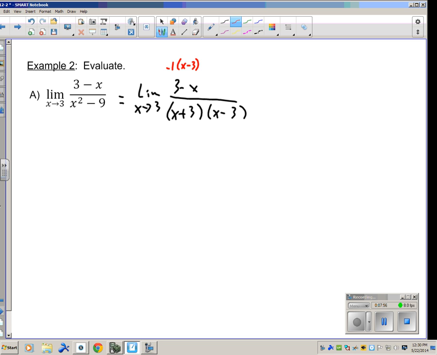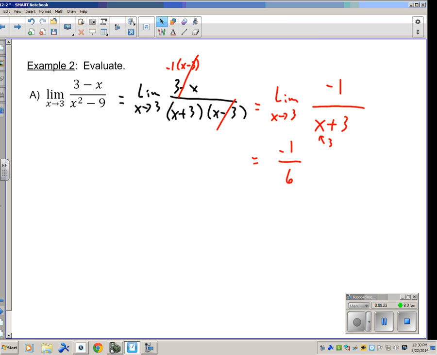So now I can cross out the x minus 3 there, and I get the limit as x approaches 3 of negative 1 all over x plus 3. So now that I have that, I can use direct substitution, and I can say negative 1 all over 6, because I placed 3 in there. So negative 1/6.